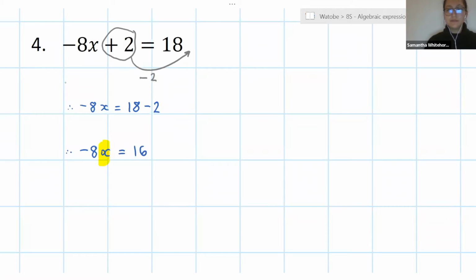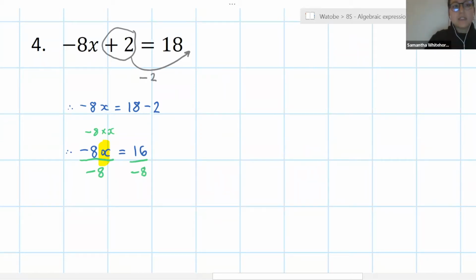Vince already is giving us an answer on the chat. Nice, yes, exactly. Multiplication. So if this is originally negative 8 times x, my inverse or opposite operation will be to divide by negative 8. Now, guys, we need to be careful when we're dividing by negatives.